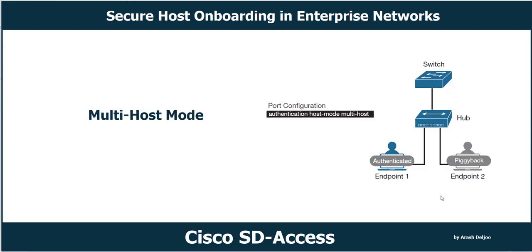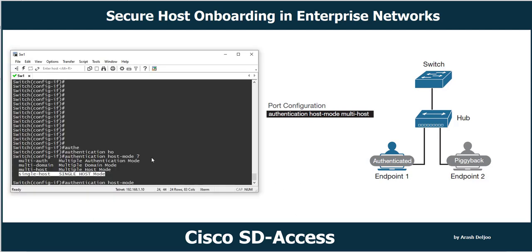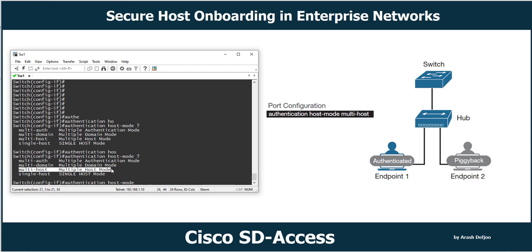The second mode is multi-host mode, and you can configure it with authentication host mode multi-host. Let me show you in our CLI: authentication host mode, and after that we have the option multi-host, meaning multiple host mode.